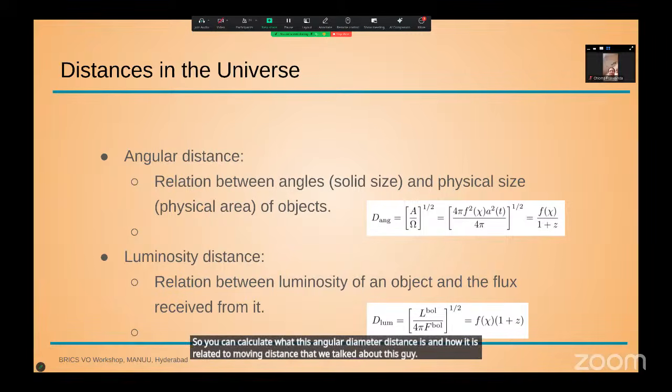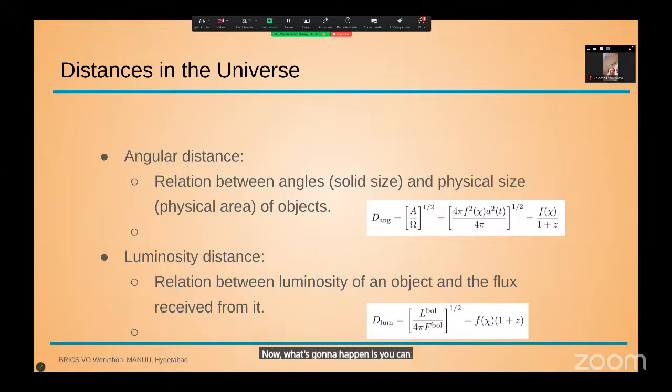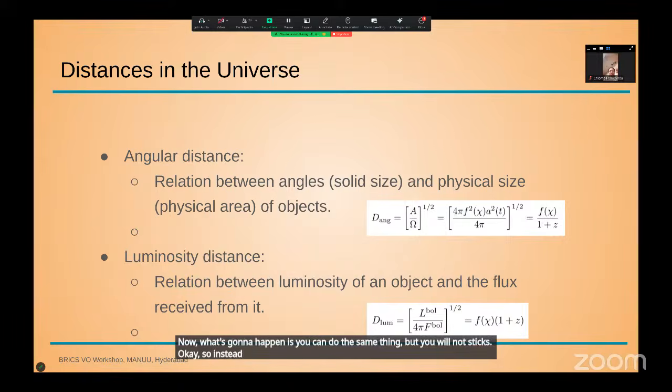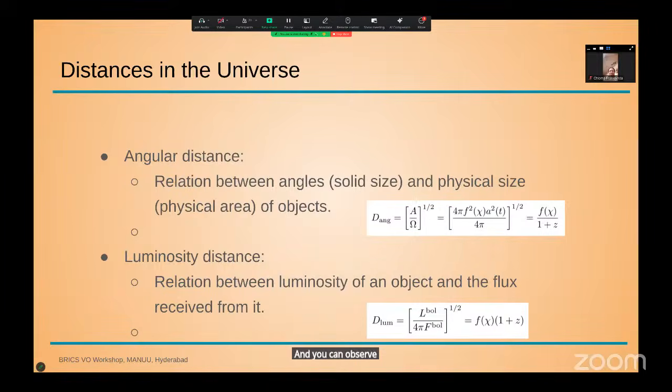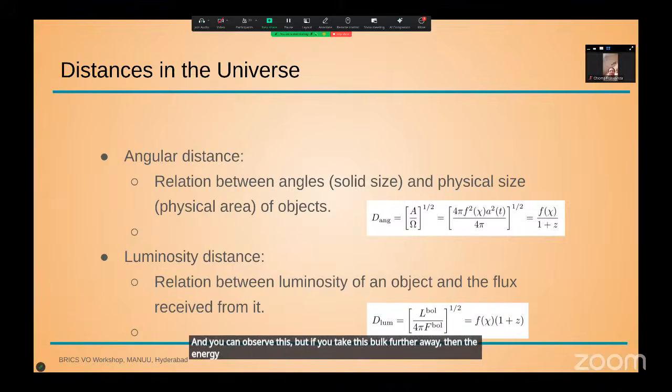Now you can do the same thing, but with luminosity distances. Instead of using angles to measure the distance to this object, think about a light bulb with a known wattage that you can observe. If you take this bulb further away, then the energy that you get per unit area at your place turns out to be small. If you bring it closer, then it's a lot.